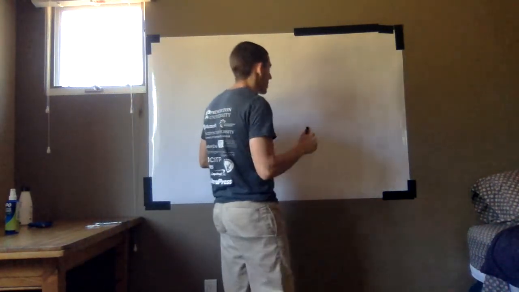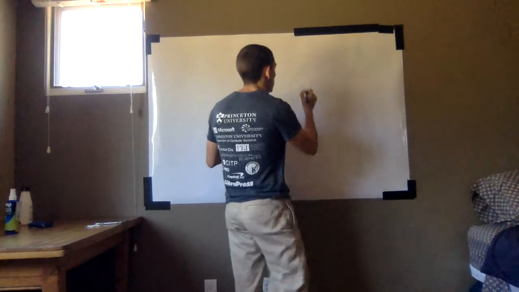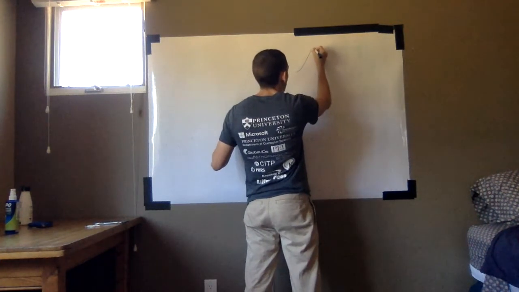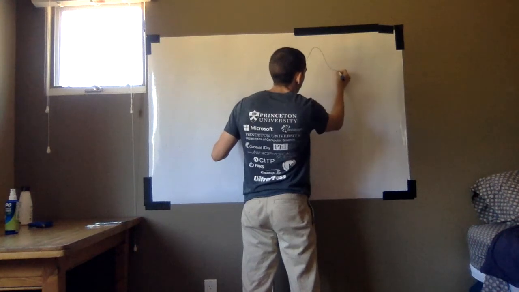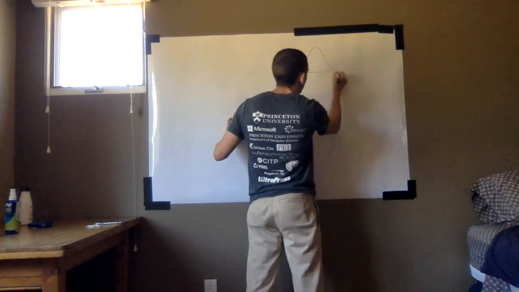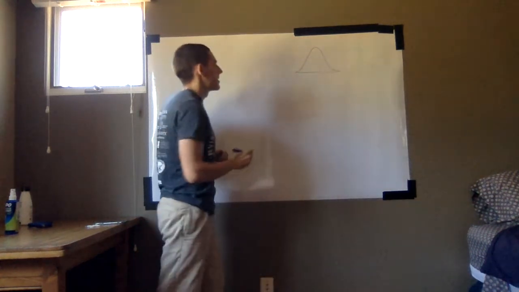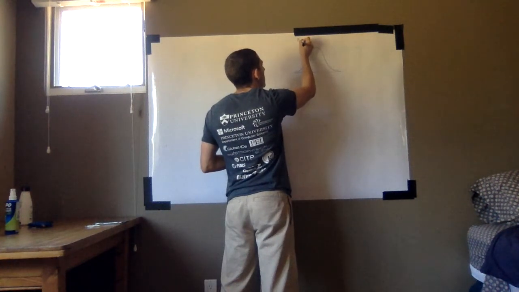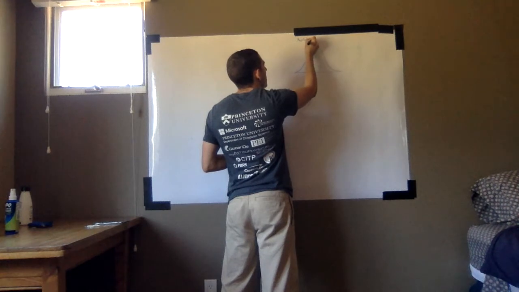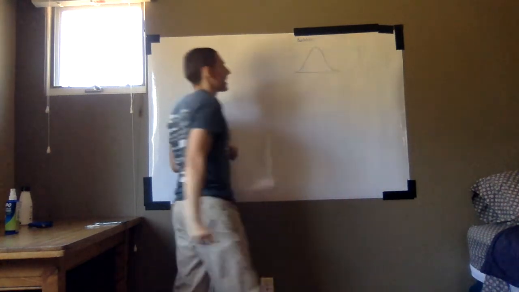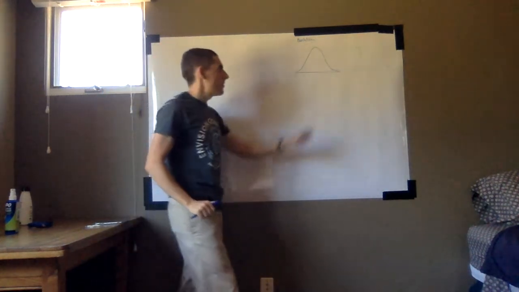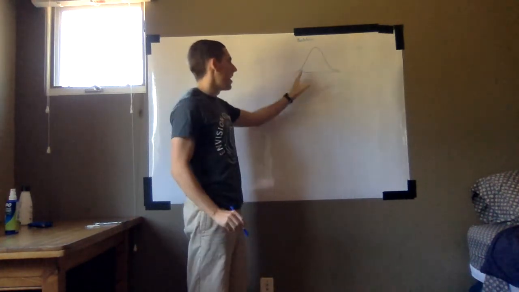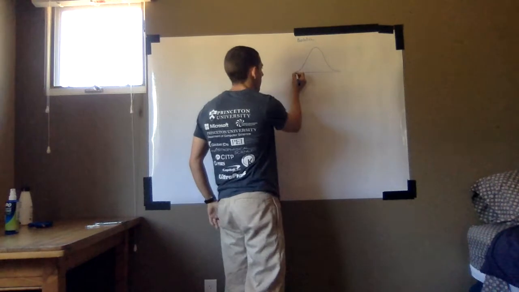So the first thing is we're going to suppose that we have some true distribution. This is a population. It's normally distributed, so most of the values are in the middle, and then there's tails that go out on either side.